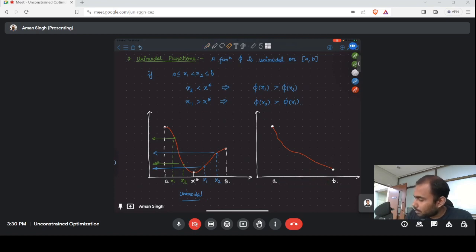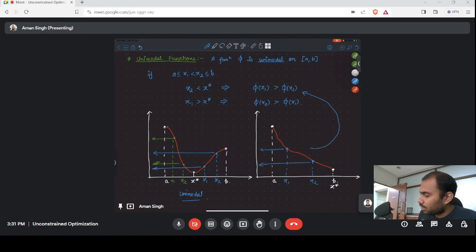Then if you look closely, this is b and this is also x star. So if this is x1, then x2 is greater than x1. We can see that again f(x1) is greater than f(x2). Correct. So these are two examples of unimodal functions.